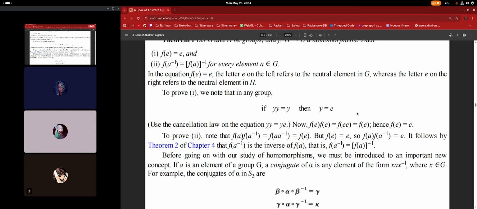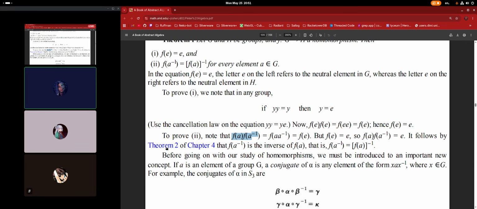That's totally fine. Okay, so next to prove two, we have this thing. We know that f is a homomorphism, so we can do this first jump, which is going to be equal to that, and that's going to be equal to that. But from the first we know that this is equal to this, so we know that that is equal to this, right? Because we derived this out of that.